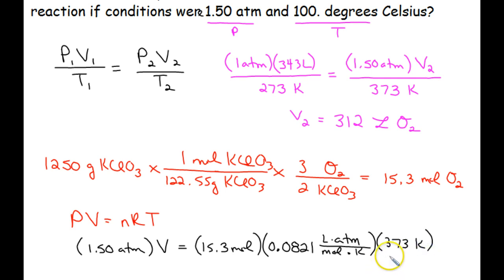Notice all of your units cancel. The moles cancel, the Kelvins cancel, and when you divide by atmospheres, that will cancel too, and it will leave you again with the same answer, 312 liters of O2.